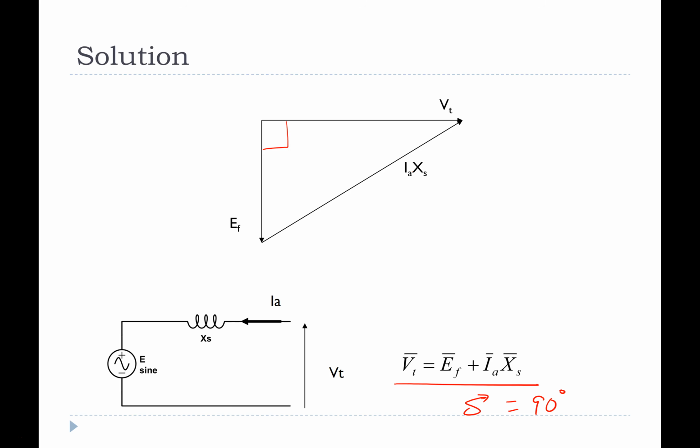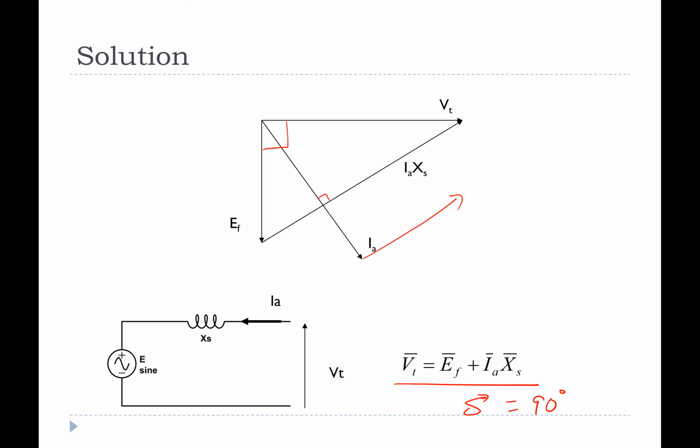If I want to find out where IA is, IA would need to be perpendicular to IAXS, so that when I multiply by XS, which is j6, it gives me a vector that is at 90 degrees to IA, which is this vector here. So that is how you go through the process of using your circuit diagram and your phasor diagram in order to solve a system with the synchronous machine.